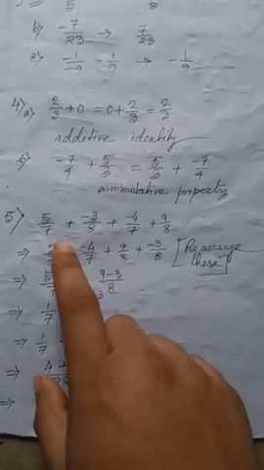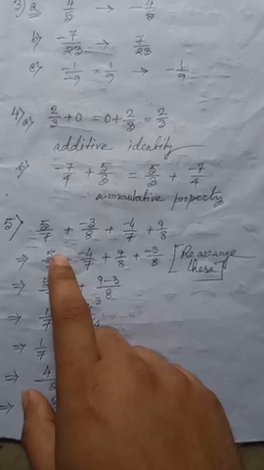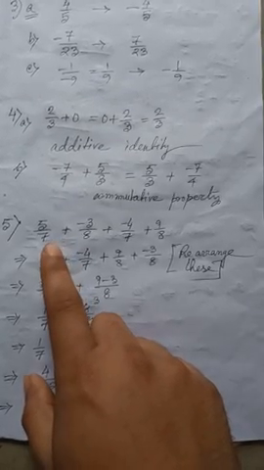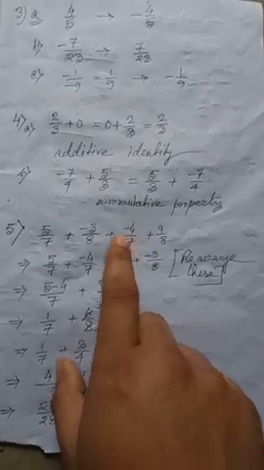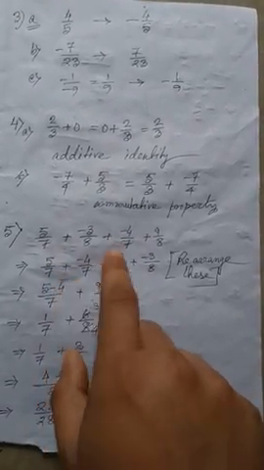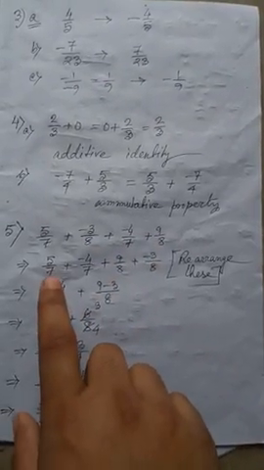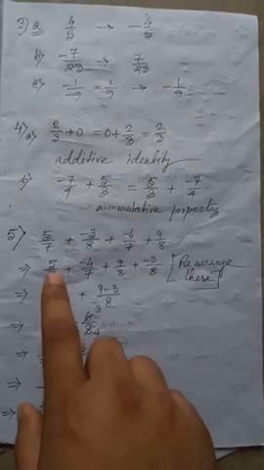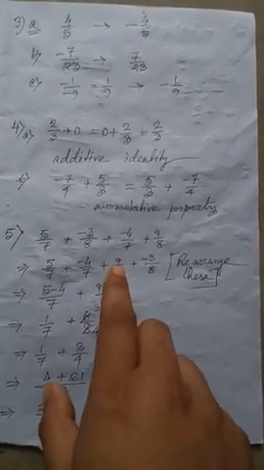Next, rearrange these numbers and add. So the denominator is 7 here and 7 here, so we rearrange this and this, to come close to this and this here. The LCM of 7 and 5 minus 4, and the LCM will be 8 and 9 minus 3.